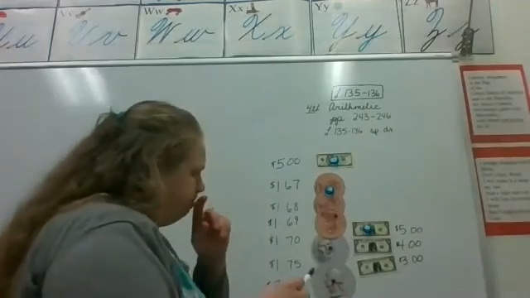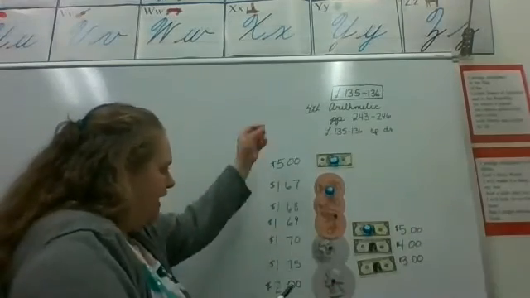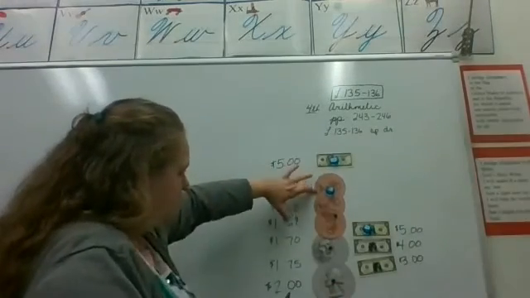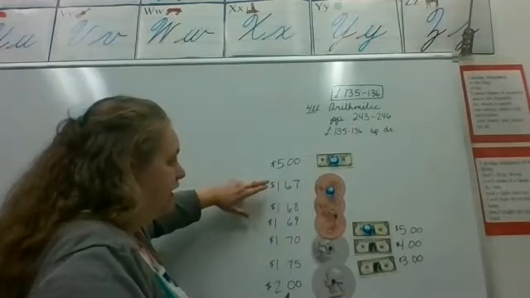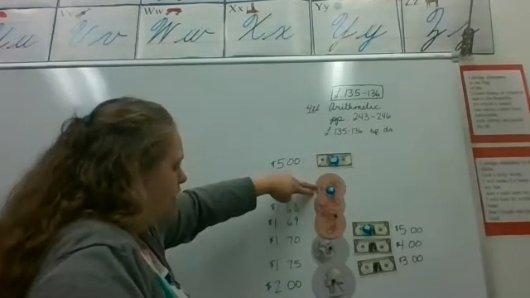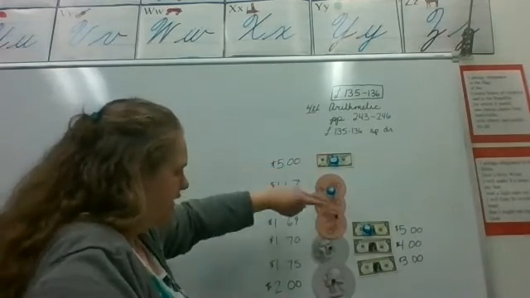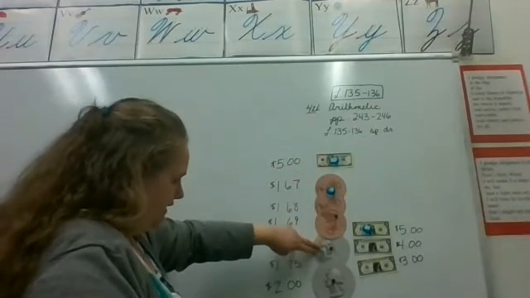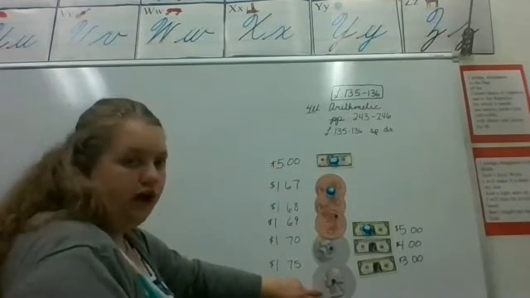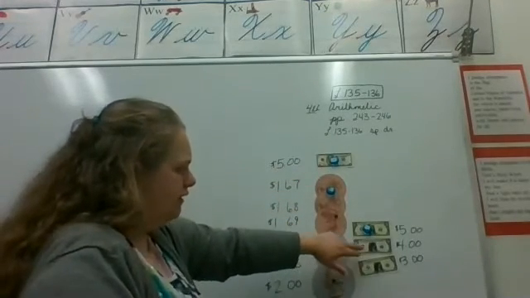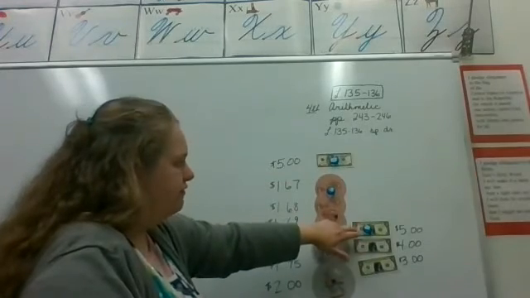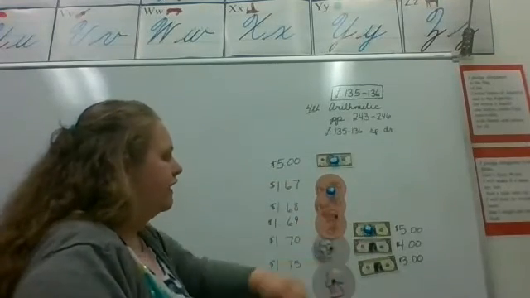Okay? So we count this up together. This penny starts at 1. So we started at 167. We're going to count up from there. So 168, 169, 170, 175, $2, $3, $4, $5, okay? That's our way to count back.